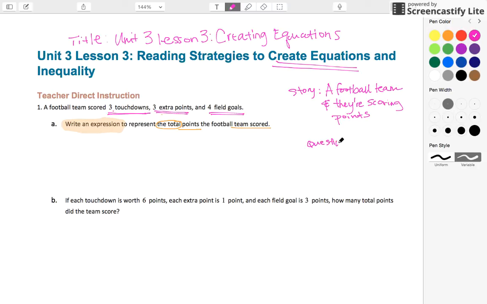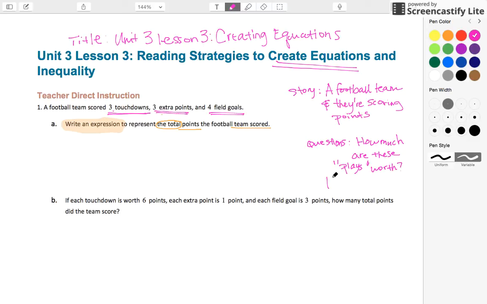So perhaps one of the questions: touchdowns, extra points, field goals, how much are these? I can say maybe plays. How much are these plays worth?